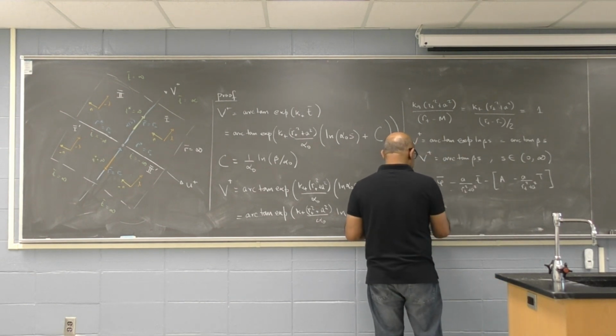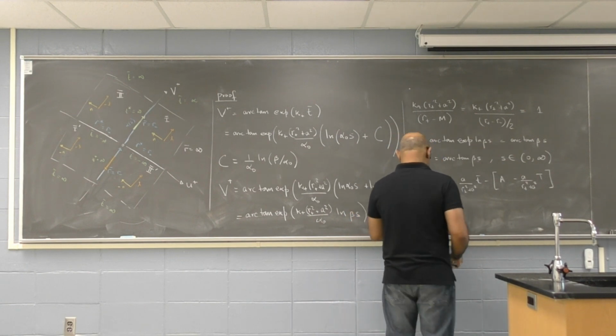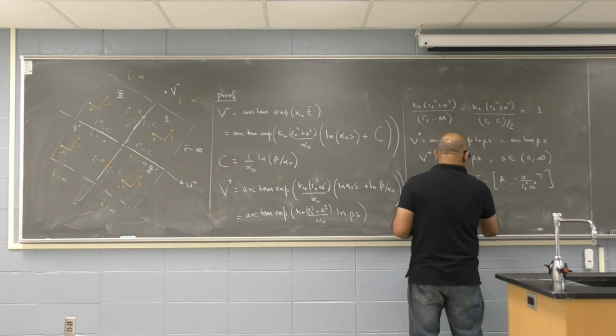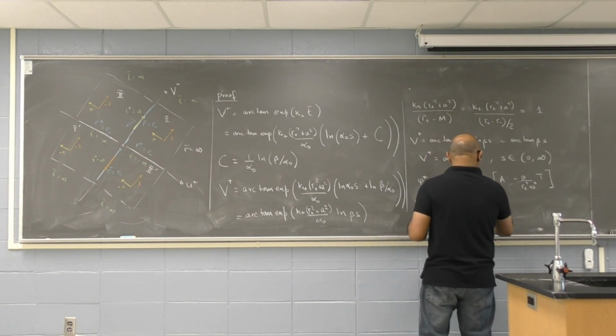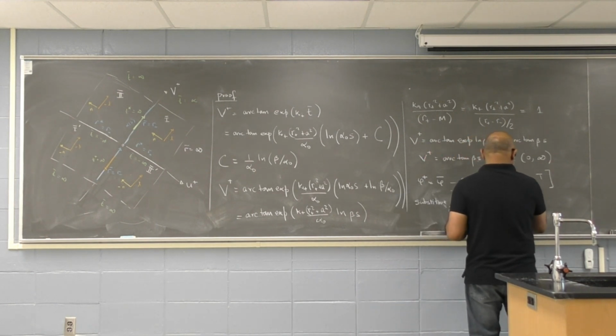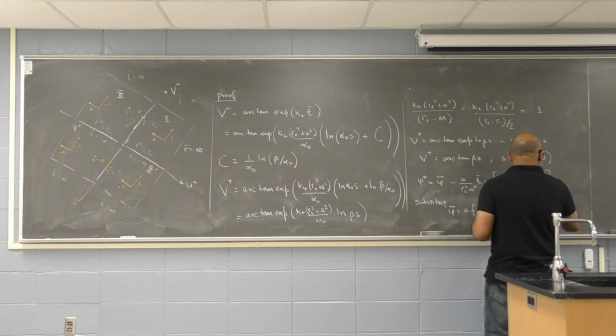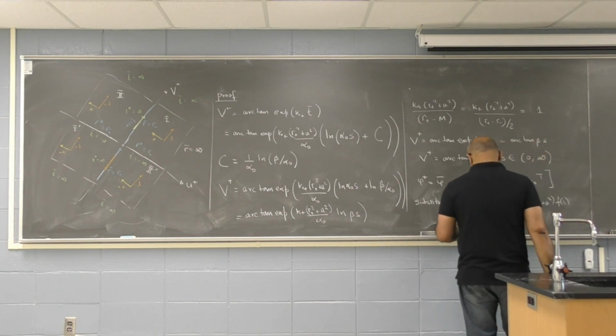So I'm going to substitute phi bar equals a f of s plus beta 0 plus, and t bar equals r plus squared plus a squared f of s.